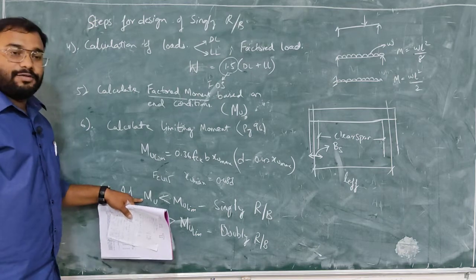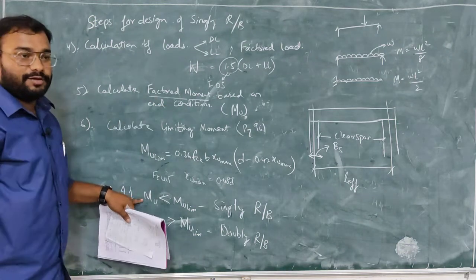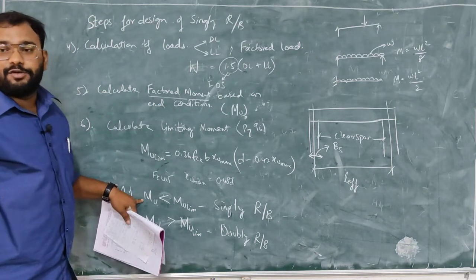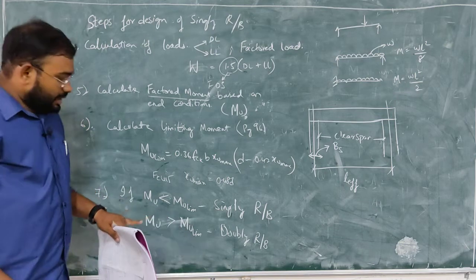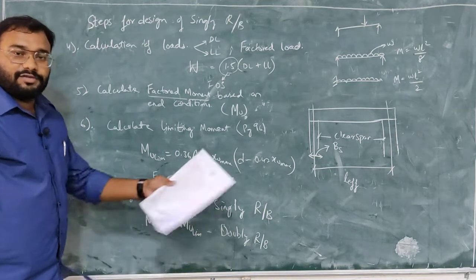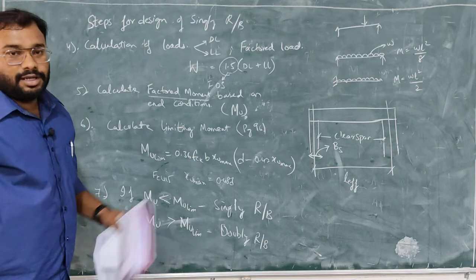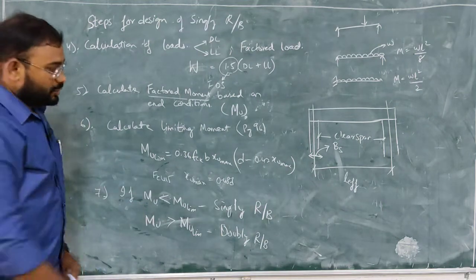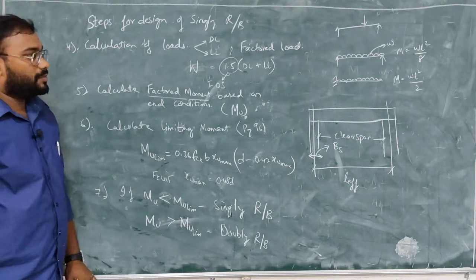If it is a singly reinforced beam, use the formula for singly reinforced beam, calculate how much area of reinforcement is required, and finish the problem. If it is a doubly reinforced beam, apply the formulas of doubly reinforced beams and finish the problem. So this step is very important.